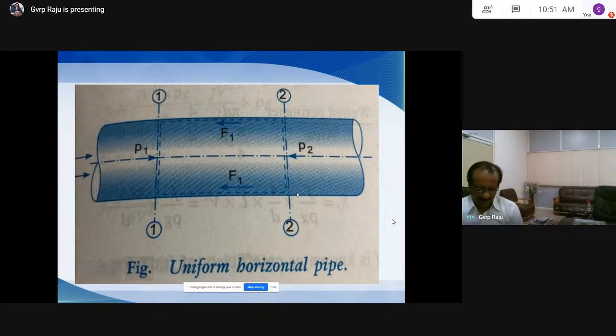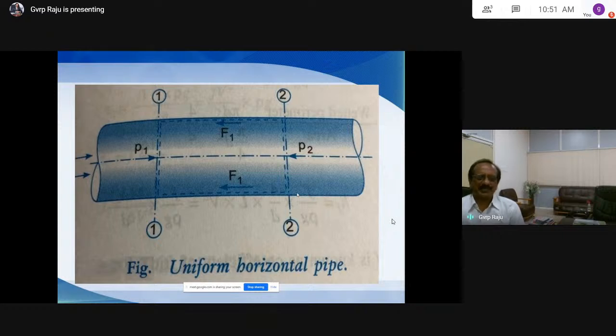So for the case of real fluids, when the pipe is a long pipe, the total head at 1 is equal to the total head at 2 plus losses, and the loss is only due to friction, HF. So P1 by W plus V1 square by 2G plus Z1 is equal to P2 by W plus V2 square by 2G plus Z2 plus HF.